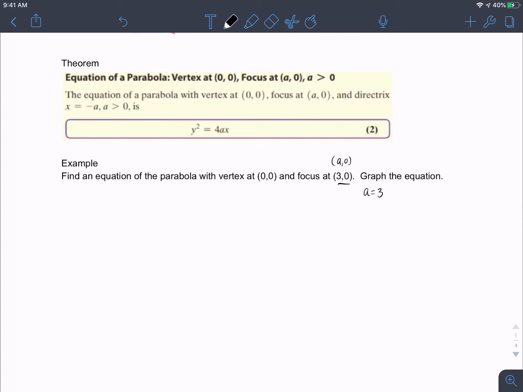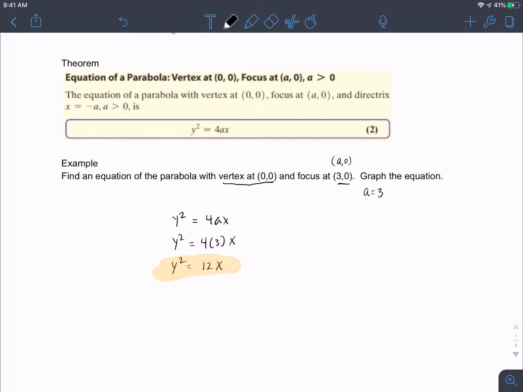Our vertex is again at 0, 0, and so we're going to use that formula. y squared is equal to 4ax, but we know what a is, and so 4 times 3 times x is going to give us y squared is equal to 12x. This is the equation to the parabola.